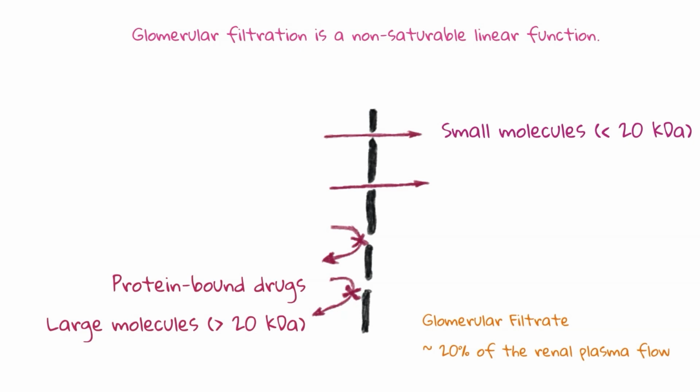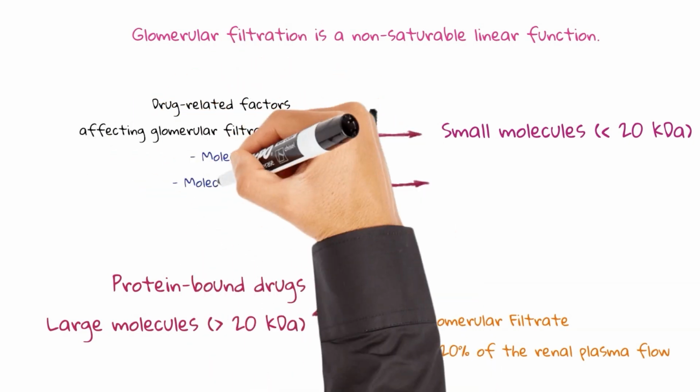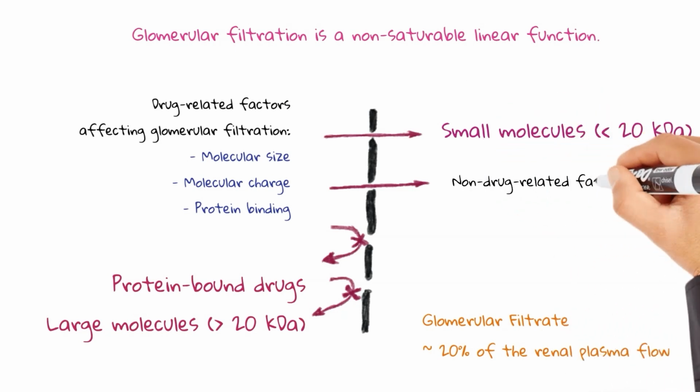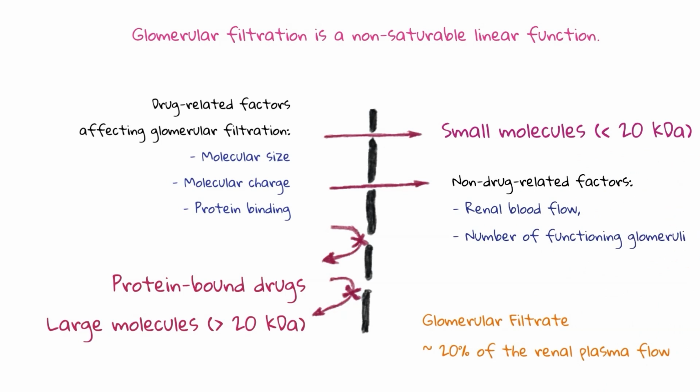Drug glomerular filtration rate is influenced by its molecule size, molecular charge, protein binding, renal blood flow, and the number of functioning glomeruli, which is influenced by age, renal diseases, etc. Tubular secretion.